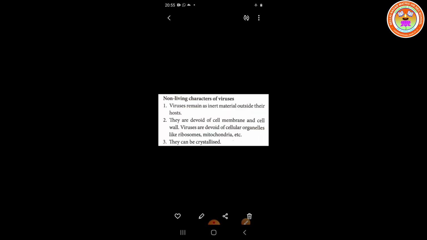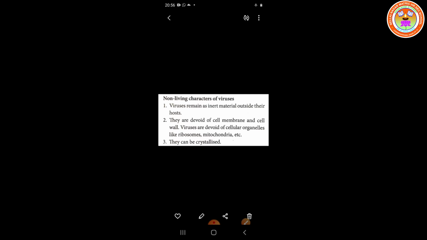Then the non-living characters of viruses. Viruses remain as inert material outside their host. That means the virus becomes inactive outside the living cell. Inside the living cell it becomes active, but outside the living cell it is inactive. Then they are devoid of cell membrane.